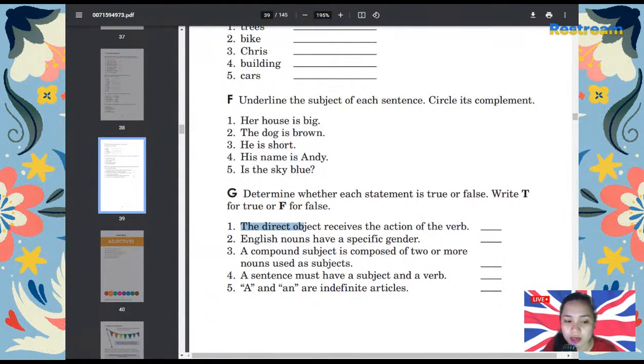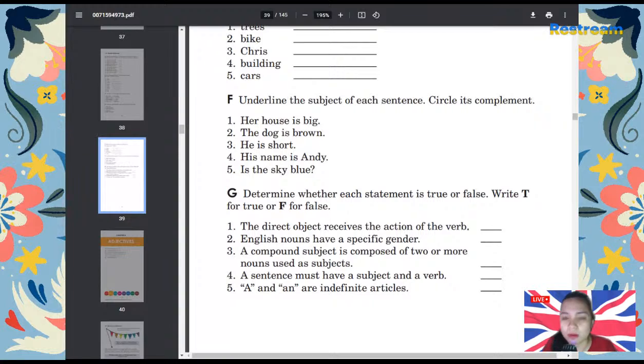It says here, the direct object receives the action of the verb. Is that true? Send letter T, or if it's false, send letter F. Again, the direct object receives the action of the verb. Is that true or is that false?